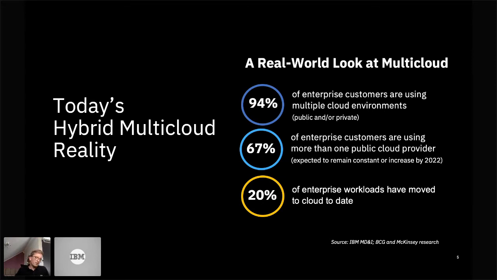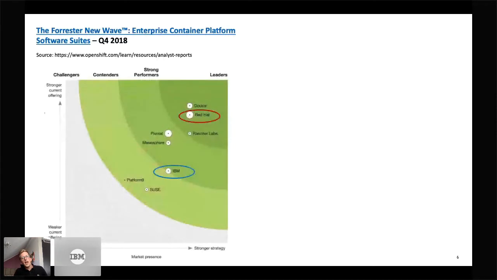There are several different analyst reports and surveys, and one of the most interesting ones I found was the Forrester New Wave. It was a report from the fourth quarter of 2018 where they tried to compare the enterprise container platforms. And we all know how big Docker was at that time.